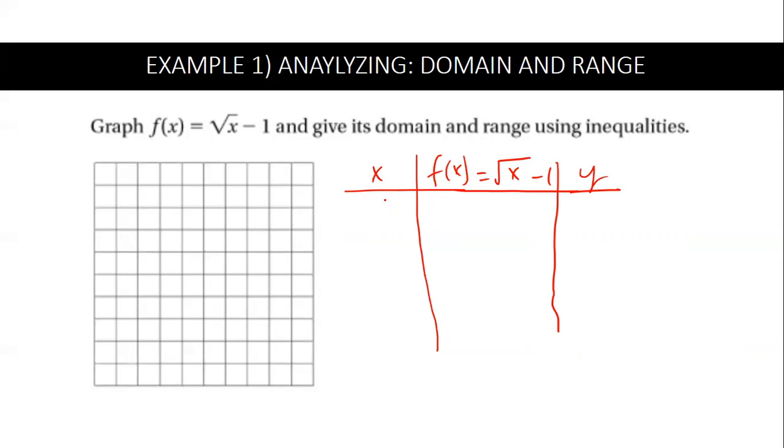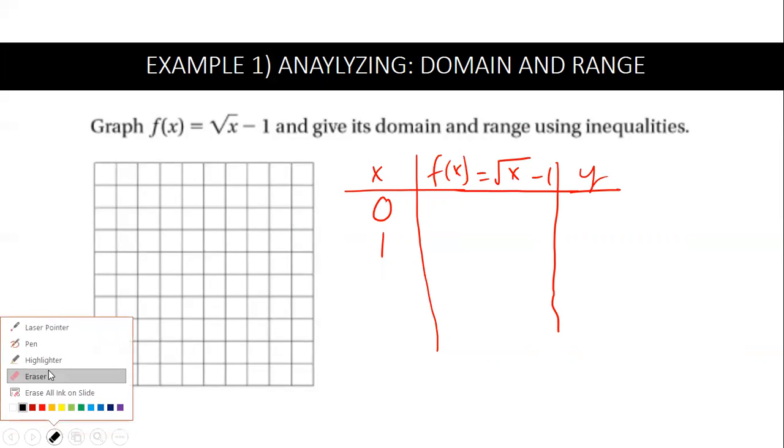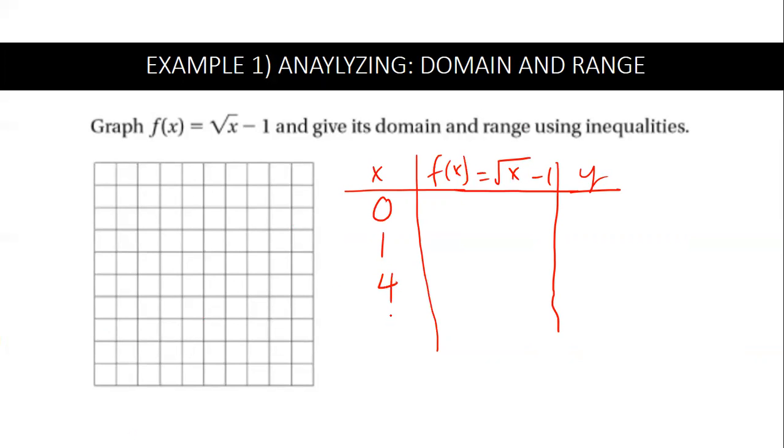So our parent function x values are 0, 1, 4, and 9. So if I plug this in, I have the square root of 0 minus 1. What does that give me? Negative 1. I have the square root of 1 minus 1.